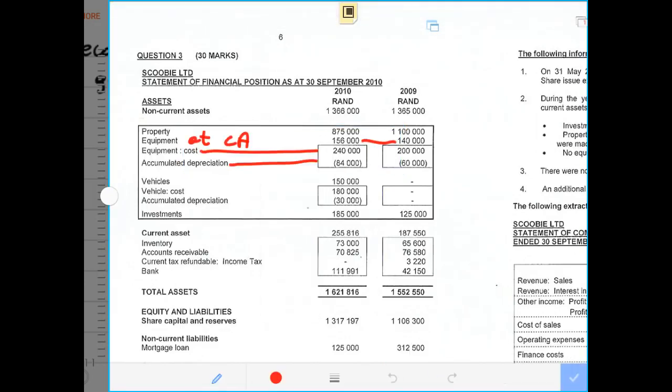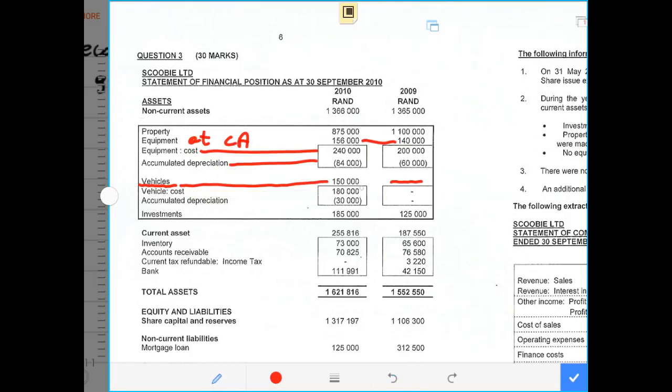Then after, they also gave us motor vehicles. Another thing to note with the motor vehicles: we are given motor vehicles with a total of 150,000 for the year 2010, and there is no vehicle in the year 2009. That 150,000 comes from the vehicle cost price of 180,000 and accumulated depreciation for vehicles of 30,000 for the year 2010.